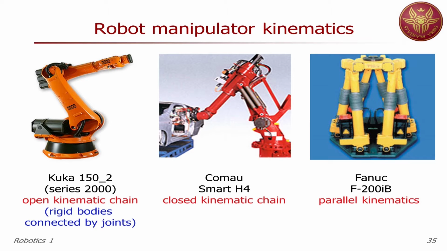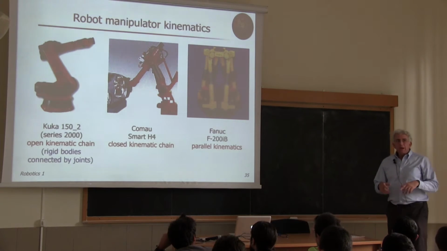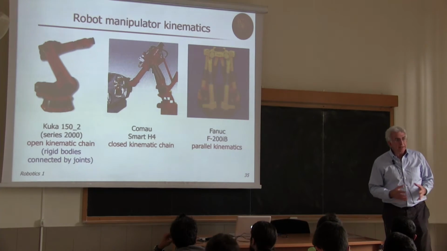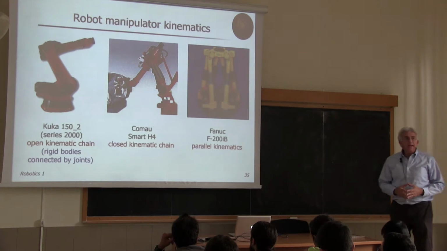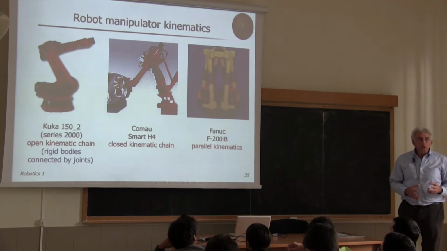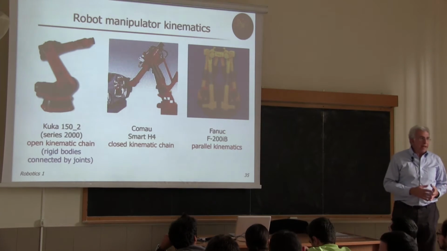We refer to this arrangement as an open kinematic chain. We assume that we have a chain of rigid bodies that we will call links, connected by elementary joints, which will be only of two possible types, revolute or prismatic.